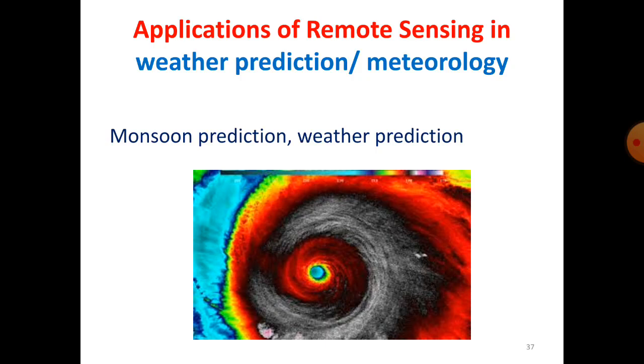The next field in which remote sensing finds its application is prediction of the weather, which we call meteorology. Meteorology helps in prediction of the weather and monsoon prediction, that is related to the rainfall.